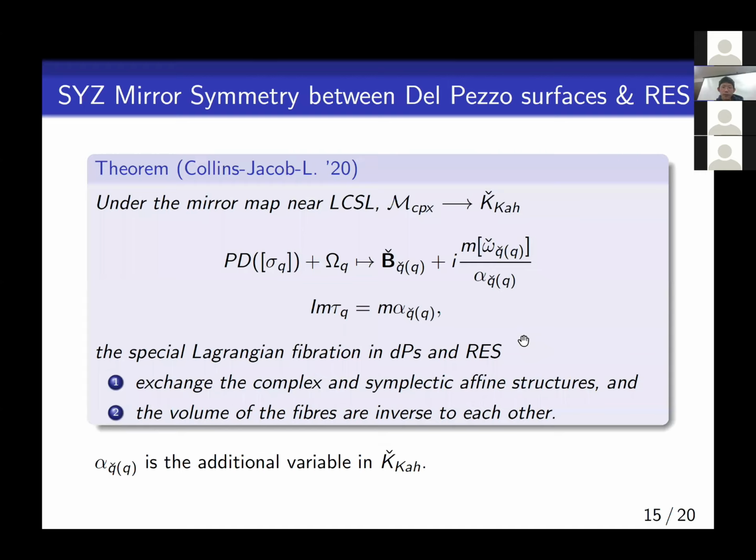So with this, the existence of fibrations. Earlier I said that on one side, on the del Pezzo surface, one has this special Lagrangian fibration. On the rational surface, one also has another special Lagrangian fibration. One can ask if they're mirror or not.